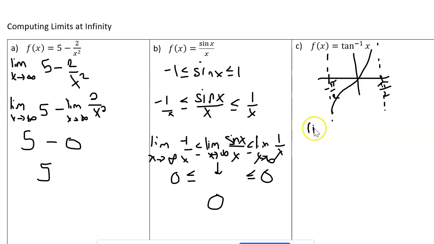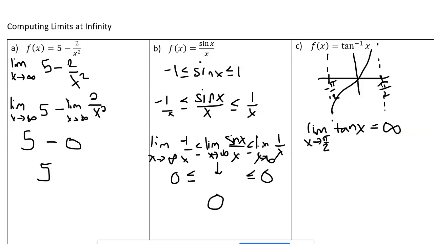Now inverses are kind of interesting because looking at this, the limit as x approaches pi halves of tan x is equal to, following the curve of the graph, infinity.